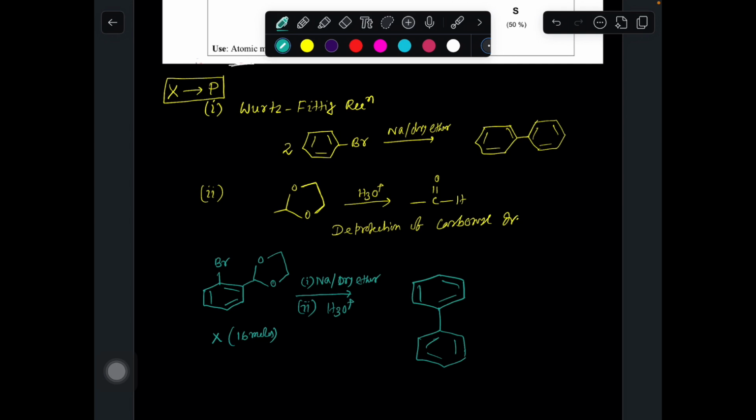This part is converted to the corresponding CHO.